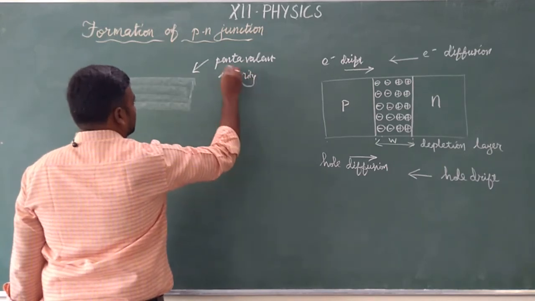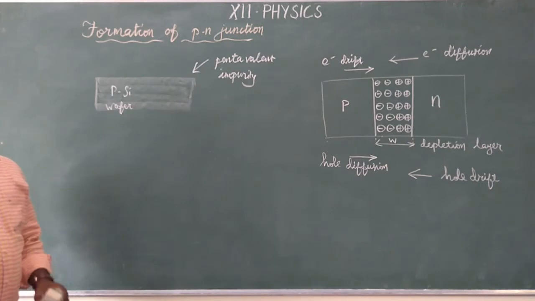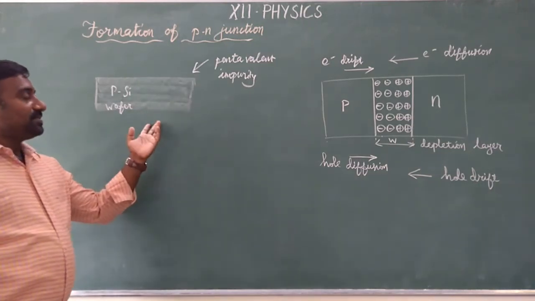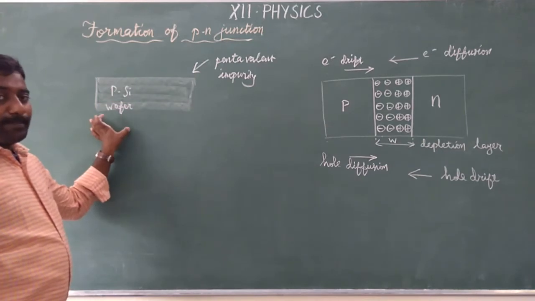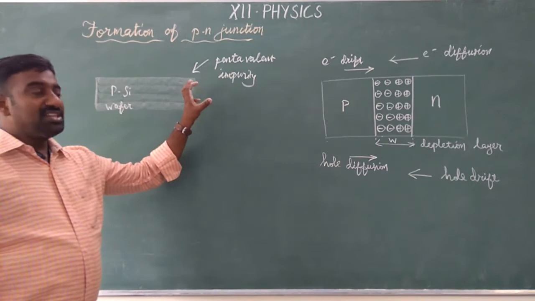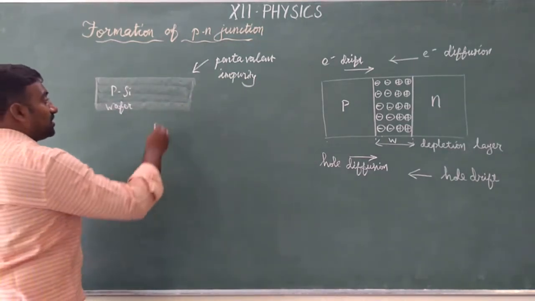Actually there are many processes to form the PN junction, but the simple process is given here: taking a P-type silicon wafer in which we inject pentavalent impurities.